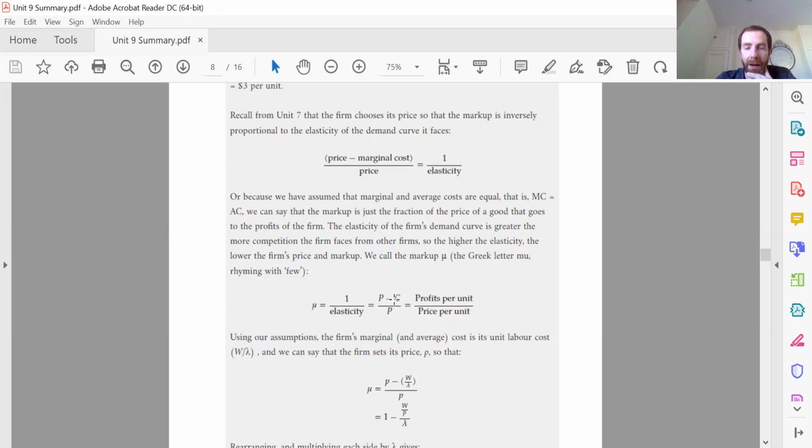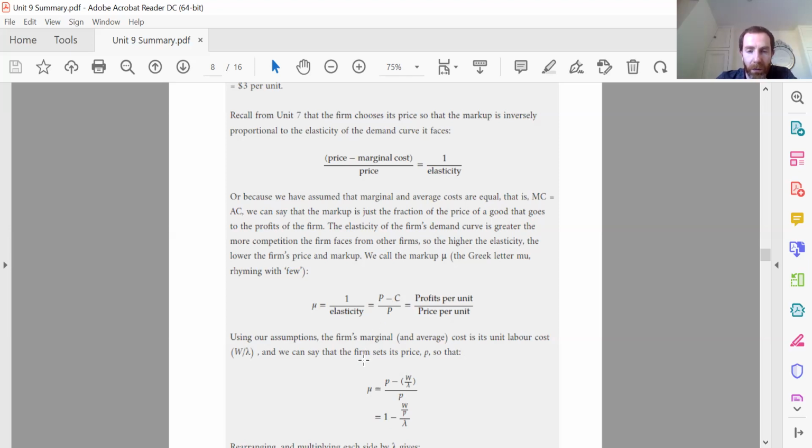And so it's P minus C, the price minus the marginal cost, over the price. This is just us rewriting what's above and using the symbol mu to represent that 1 over elasticity. Sorry, not the profit margin, to represent the markup. Be careful with that: markup is slightly different from profit margin. So mu is the markup, price minus marginal cost over price.